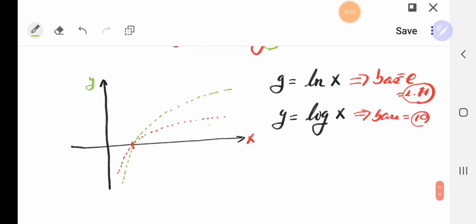So this will be the graph of the natural logarithm. Again, this red graph is the graph of the common logarithm, and this graph in green is the graph of the natural logarithm.